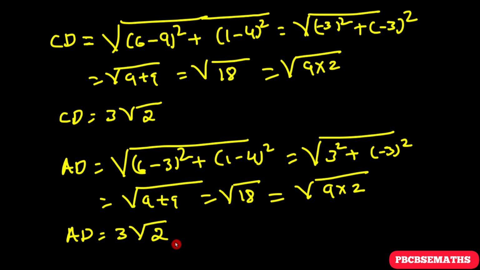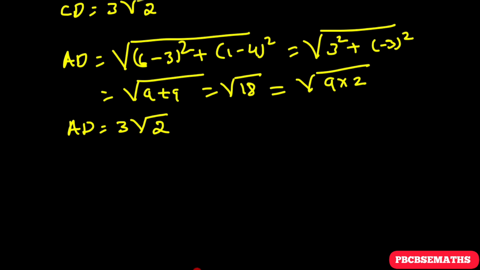Now we have to check whether the diagonals are also equal or not. For that, let's find the distance between A and C. Consider the coordinates of A as x1, y1 and C as x2, y2.